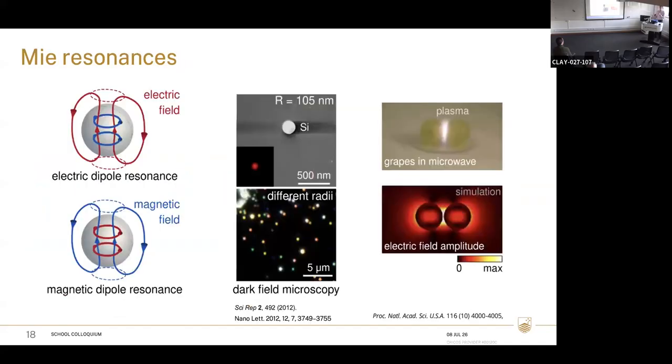And now a way to control the optical properties is Mie resonances, like a single particle supporting Mie resonances. So Mie resonances are a certain type of resonance.